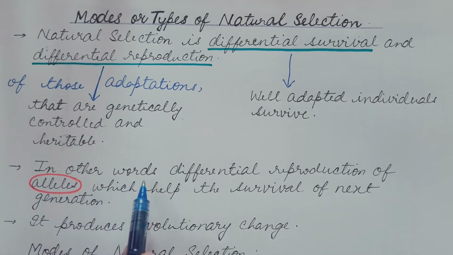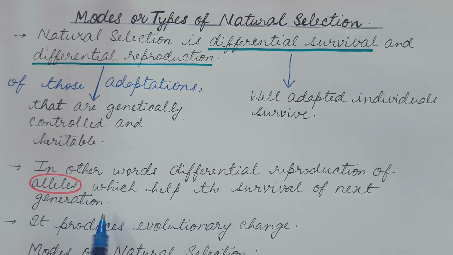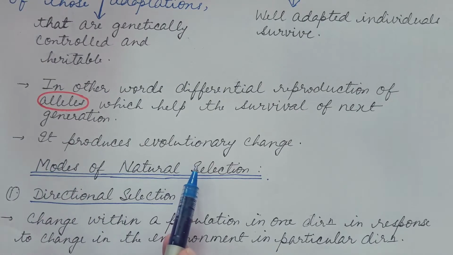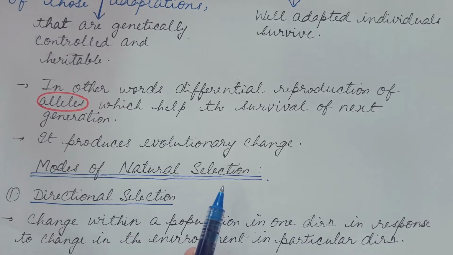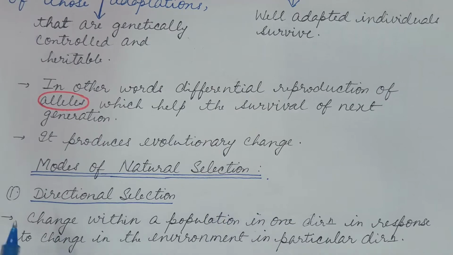In other words, natural selection is differential reproduction of alleles which help the survival of next generation. It produces evolutionary change because it acts on the variability within a population that is heritable.